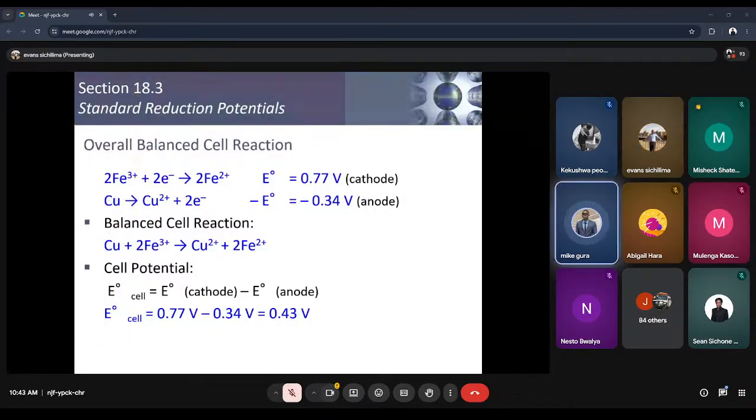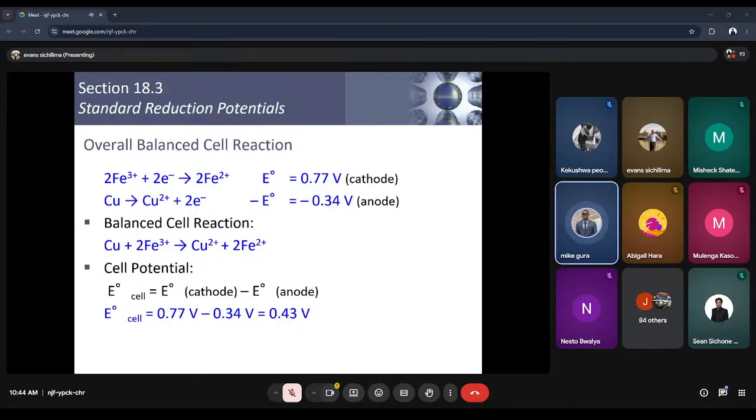So I was saying that the standard electrode potential equation is given as the electrode potential of the cathode minus the electrode potential of the anode. At the cathode, we have reduction that takes place, and at the anode, we have oxidation that takes place. So for the 0.34, we have already made it negative by swapping the sign, because at the anode is where the loss of electrons takes place.